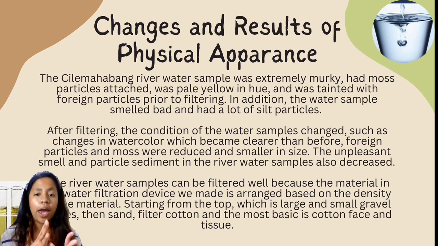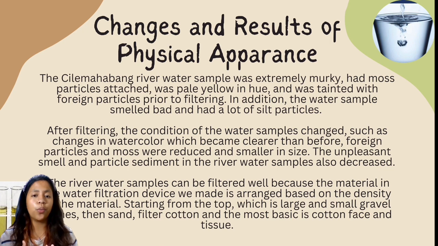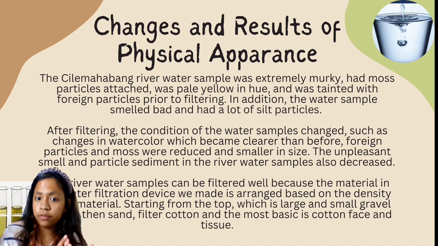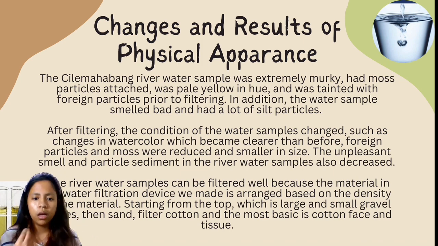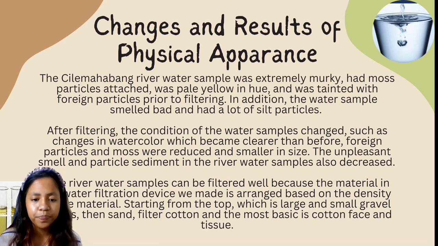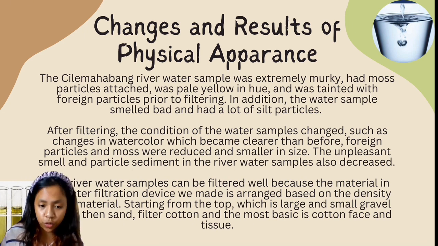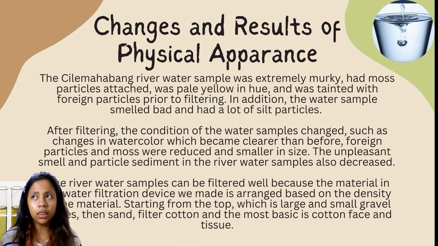Then we filtered the water sample with our water filtration, and the changes in physical appearance are that the water color is clearer, the hard particles decreased, the particle sediment decreased too, the particles are smaller than before, and of course the unpleasant smell decreased.